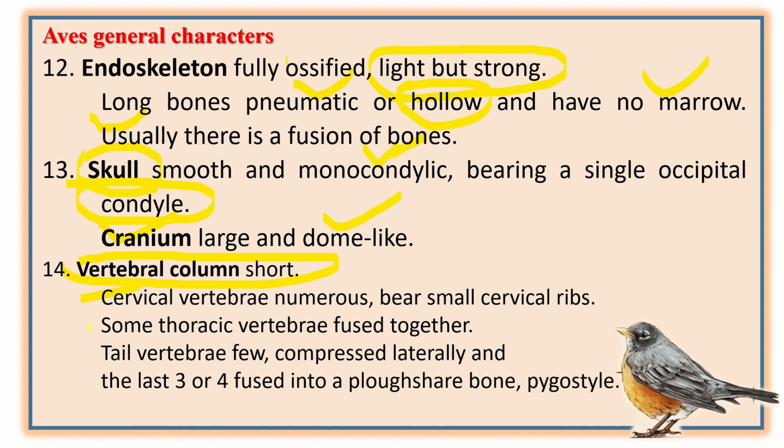Some thoracic vertebrae are fused together. Tail vertebrae are few, compressed laterally. The last three or four are fused into a plowshare-shaped bone called the pygostyle.